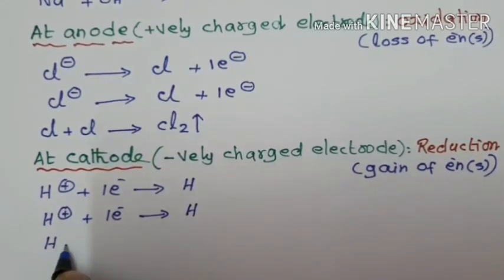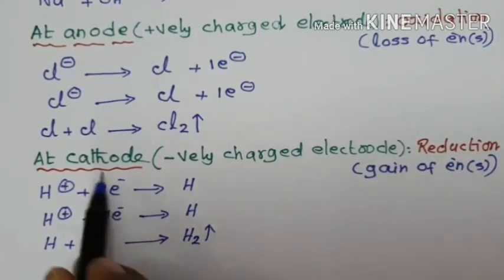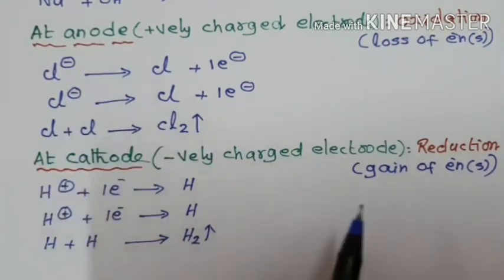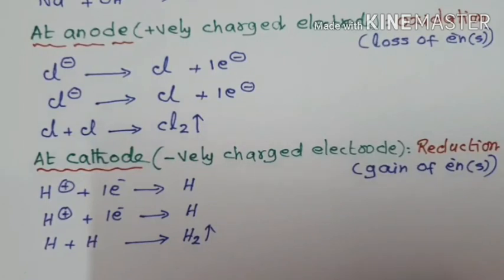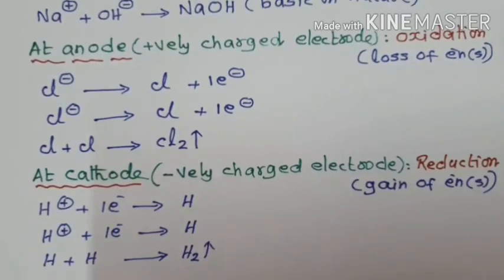Two hydrogen atoms combine with each other and form an H2 molecule. So liberation of H2 takes place near the cathode, liberation of chlorine takes place near the anode, and this is the reaction of manufacture of chlorine by the electrolytic process.